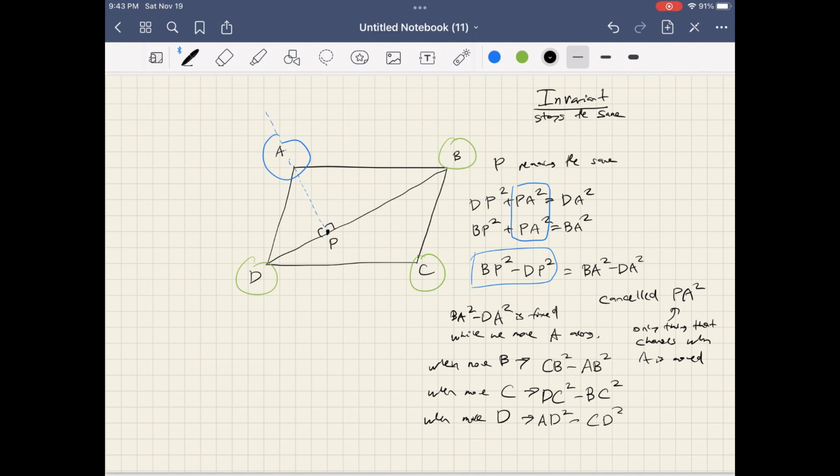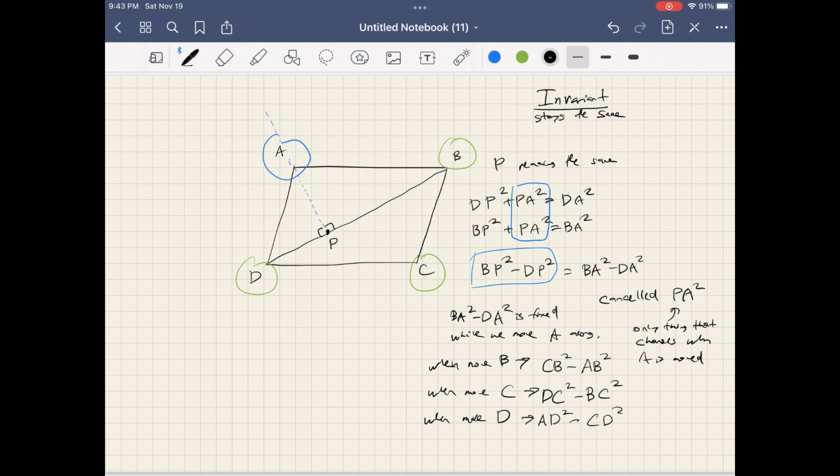So we have 4 different things that are fixed depending on which vertex of A, B, C, D we're moving, right? So if we move A, then there'll be one thing that's fixed. If we move B, then there'll be this other thing that's fixed.